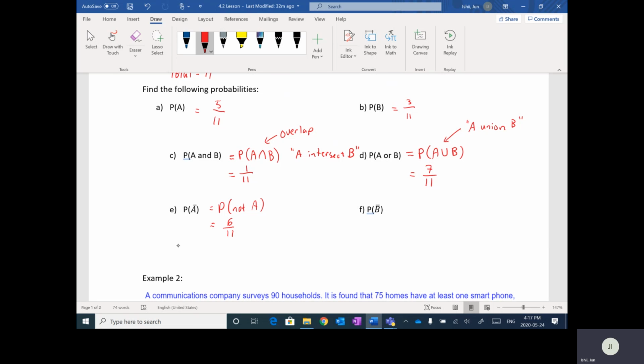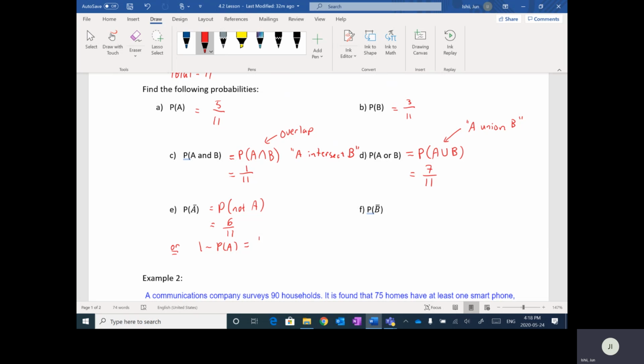The other way to realize that you can figure out this probability, so I'll just write "or" here, is this is going to be the same as 1 minus the probability of A happening. Okay, so the 1 here is like 100%. So if I take 100% minus the probability that A does happen, that should give you the probability of not A happening.